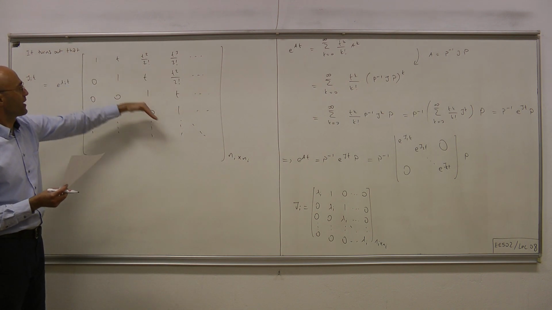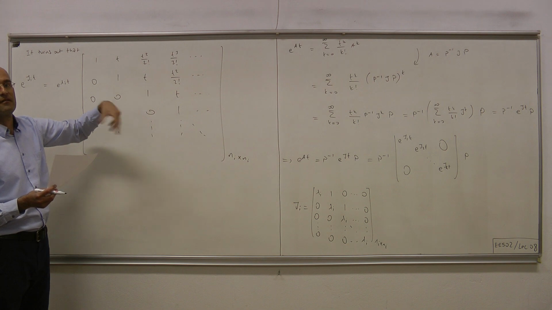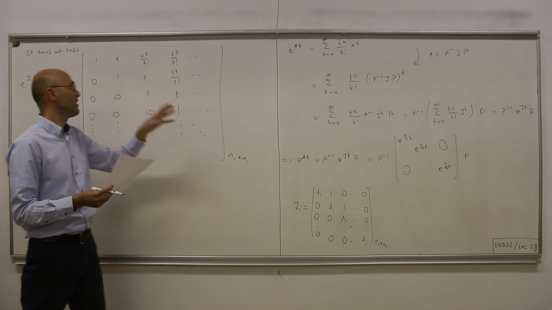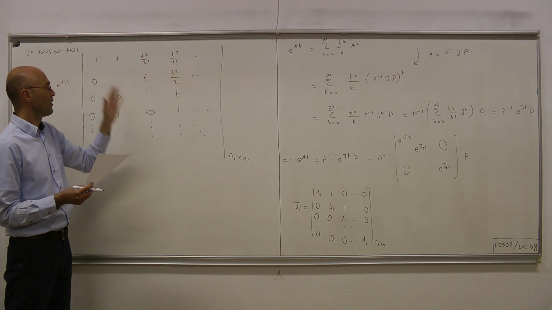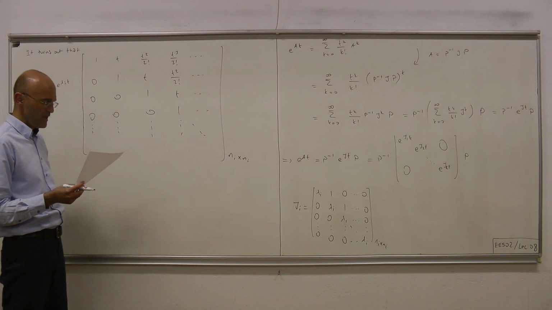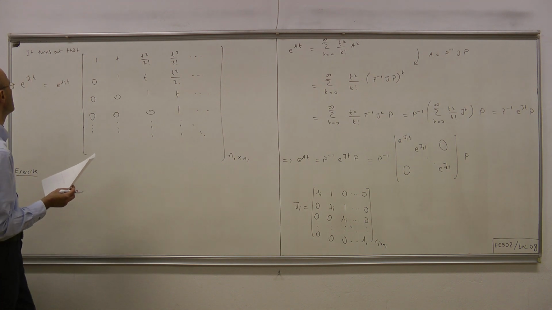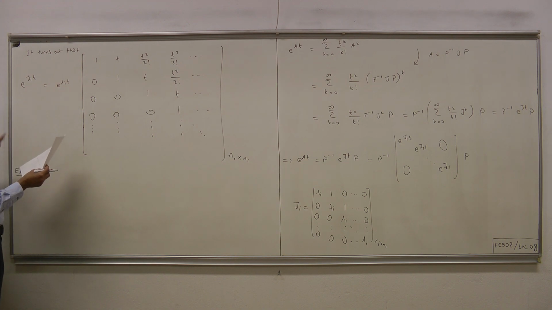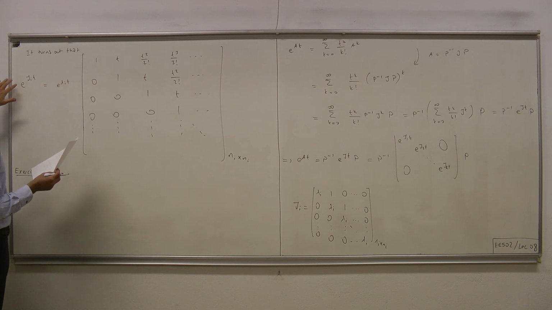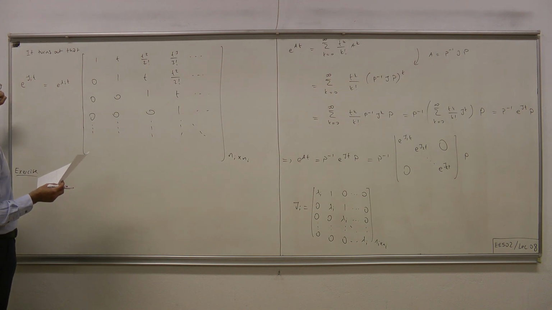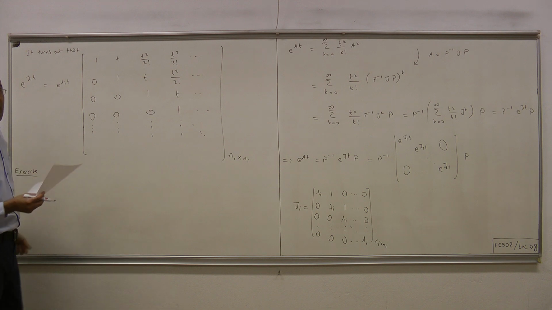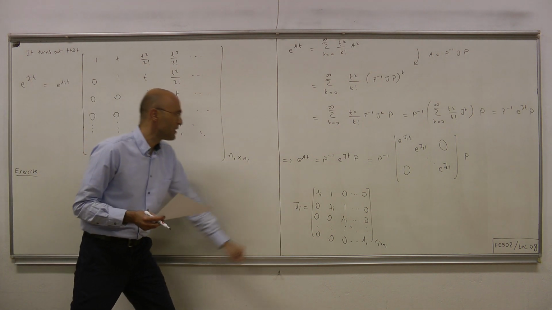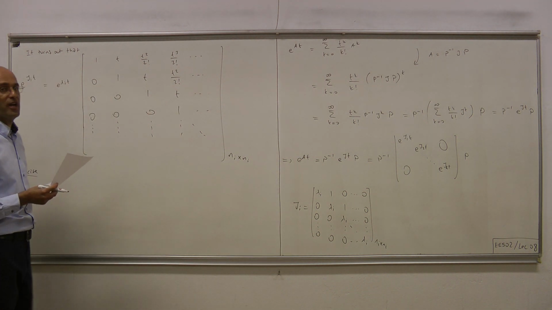On the diagonal we have ones, and all the other terms are t to the something, so at t equals 0 they become 0, and we have the identity matrix.